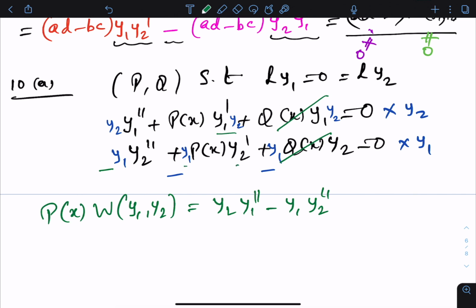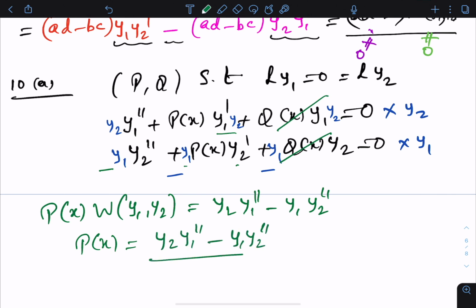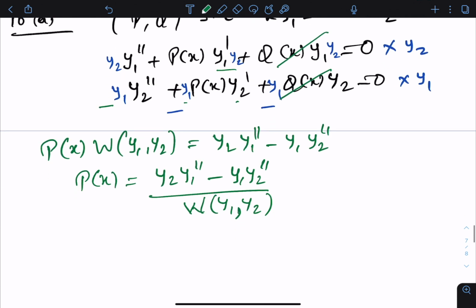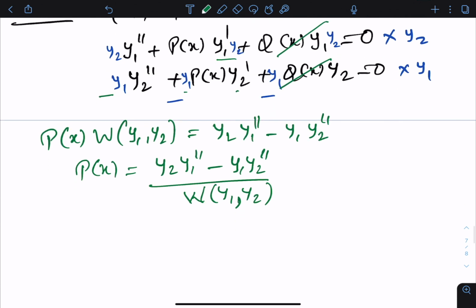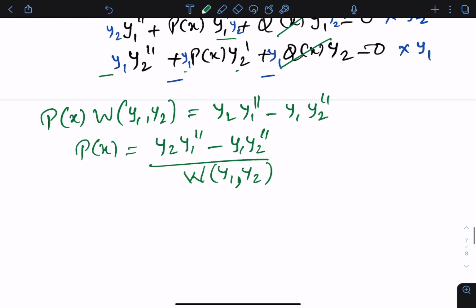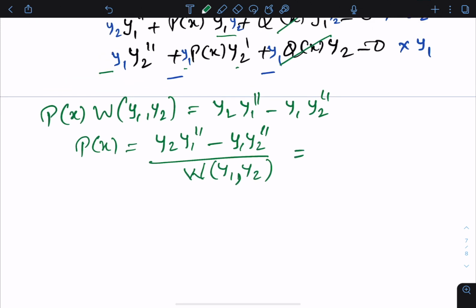So you actually have the formula for p(x) as y2 y1 double prime minus y1 y2 double prime over the Wronskian. Since we are given that this Wronskian is non-zero, you can divide by the Wronskian, right?